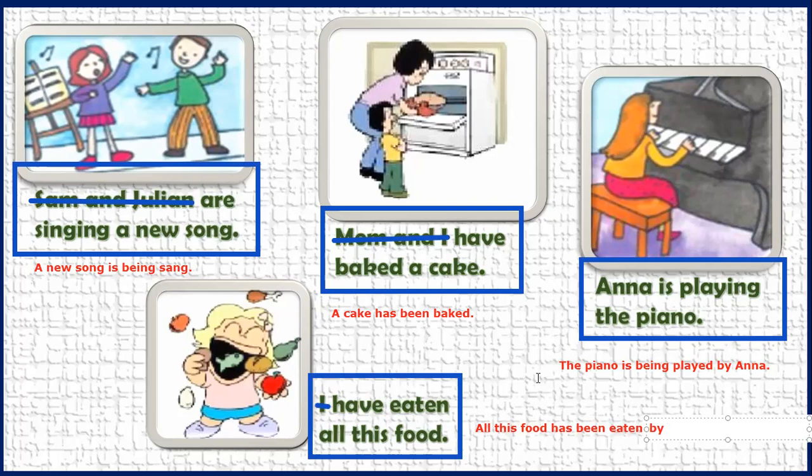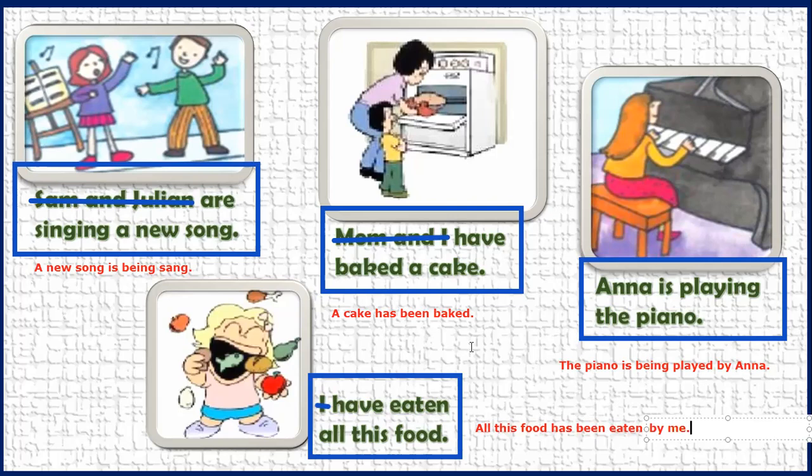All this food has been eaten by I. By I, remember, this now is the object. By me. We don't say subject, we say object. Yes, the object pronoun, in this case, me.